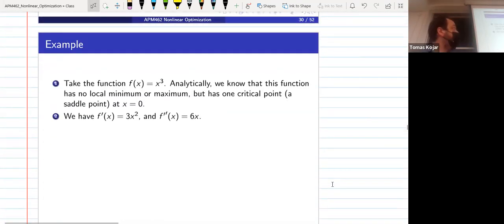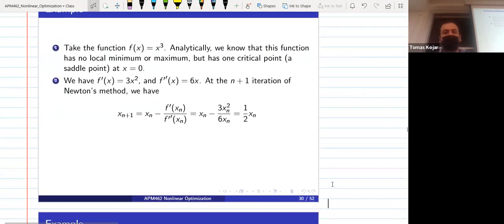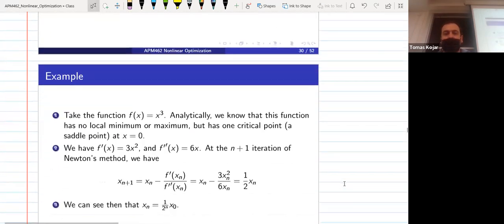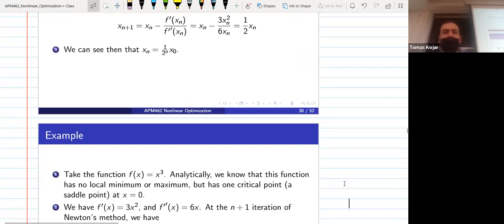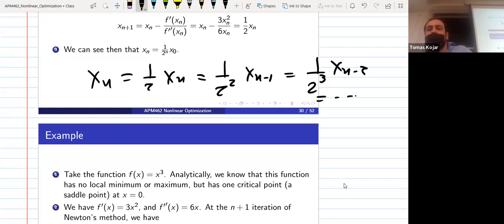So you take your derivatives and you start doing Newton's method. Okay, so you get this recursion. x n plus 1 is equal to two thirds x n. This is true for all n from 0 to whatever. So you keep solving this and you get contraction, right? So you get x n is two thirds x n minus 1, which is the power n times x0.